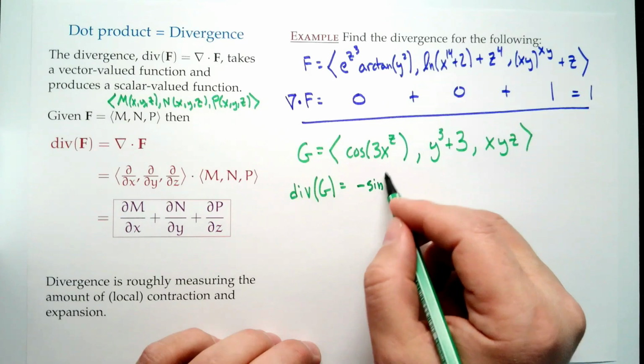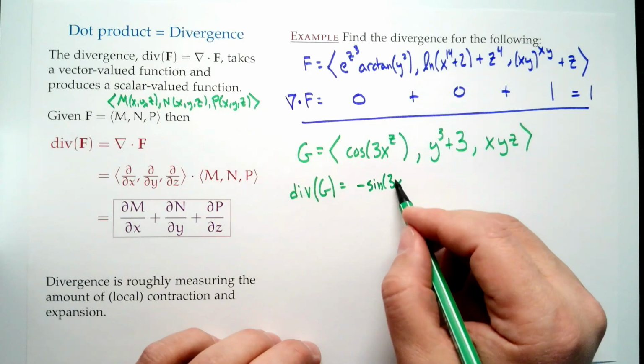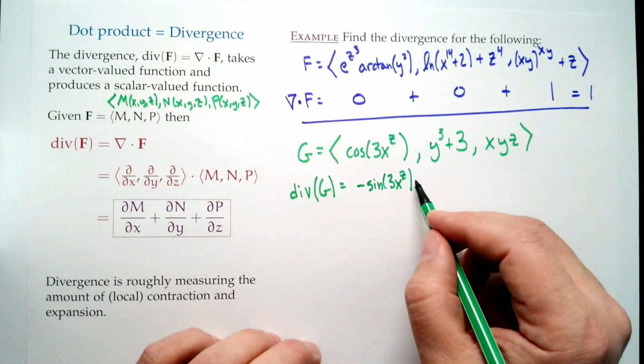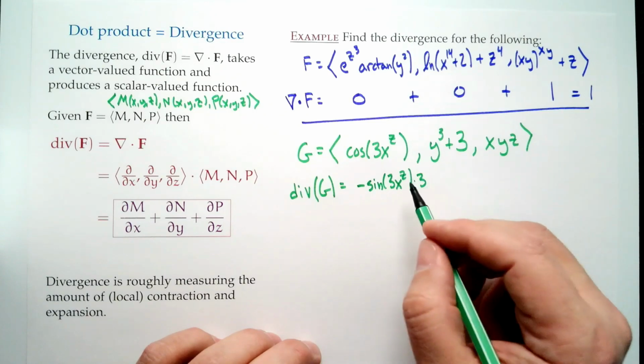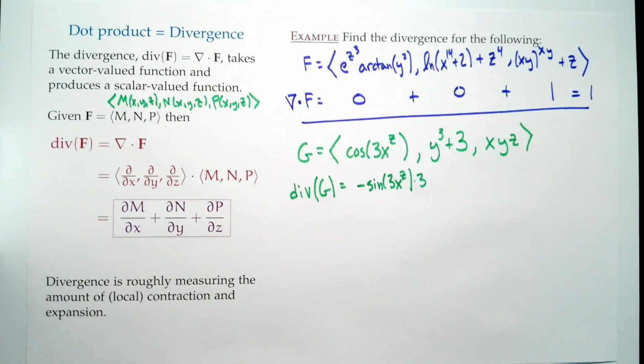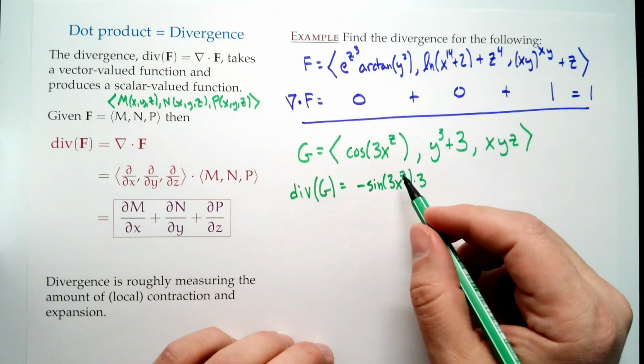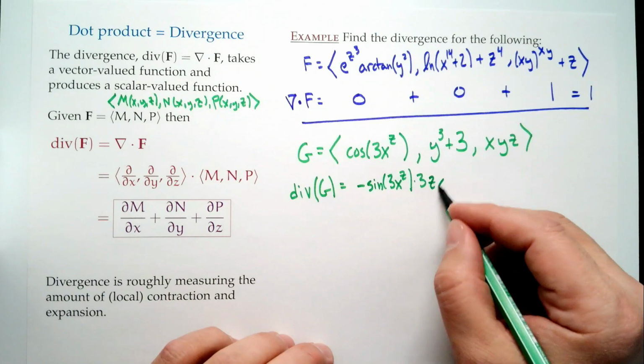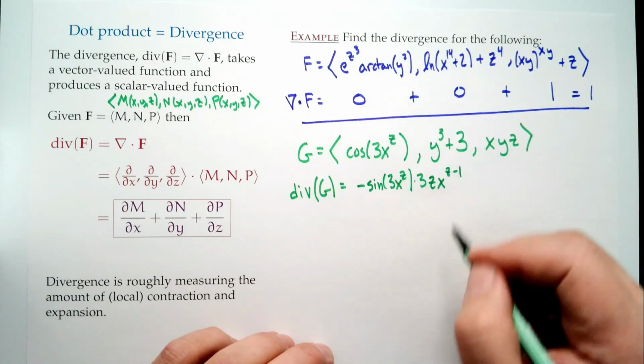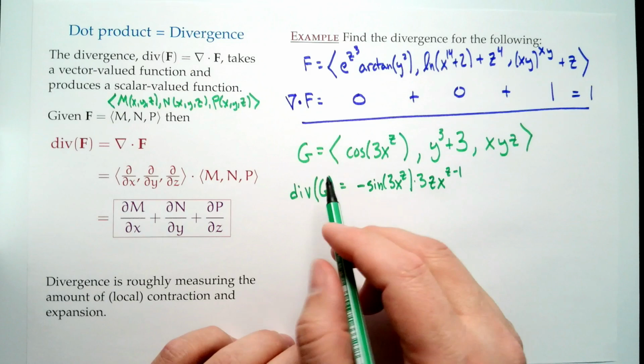Negative sine. Inside stays the same. That's the nice thing about the chain rule. The 3 is 3. And x to the z. So I'm taking it with respect to x. I treat z like a number, which means it's x to a power. Power comes down. And then I subtract 1 from the power. And there you go. That's the first term.